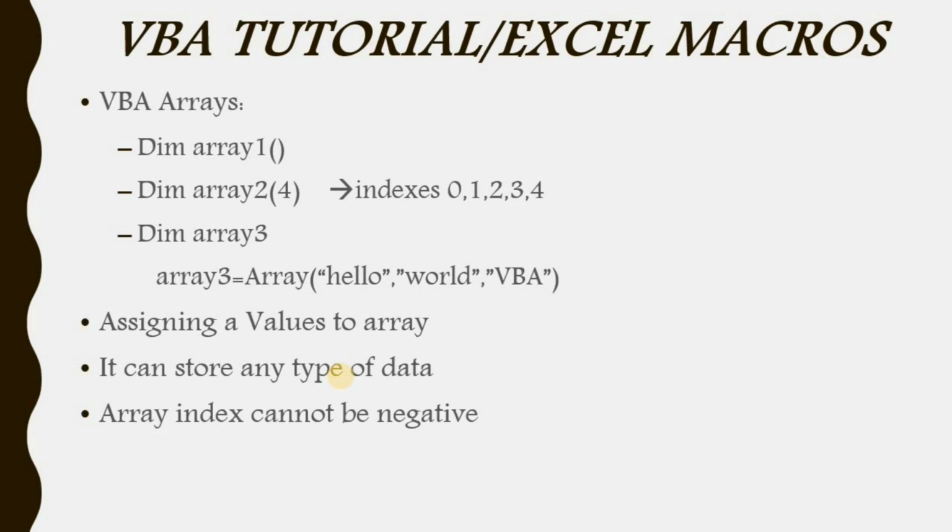So that is the main difference between VBA arrays and arrays in other programming languages. I already said array index cannot be negative here, but it can store up to n+1 values if you declare the size as n. So let's go to the spreadsheet and write some macro code for this.